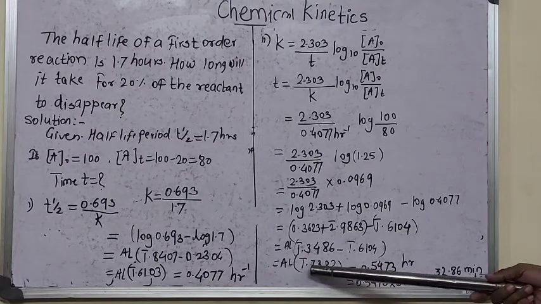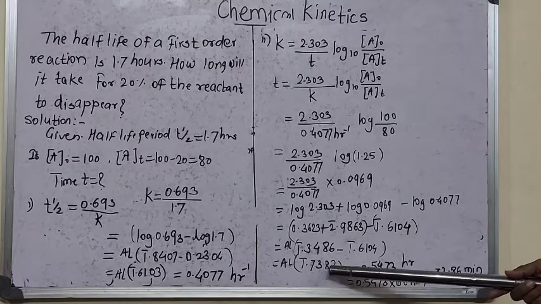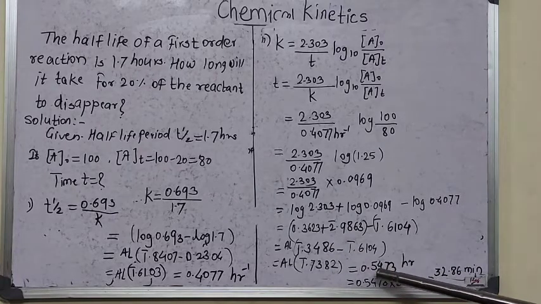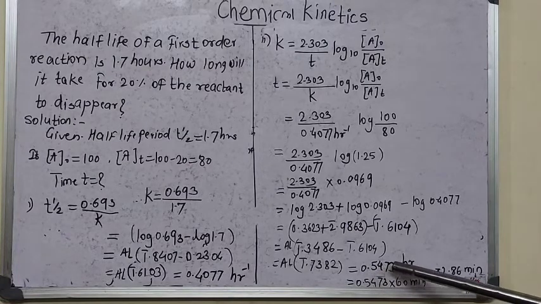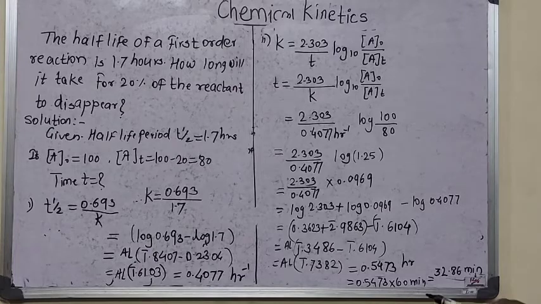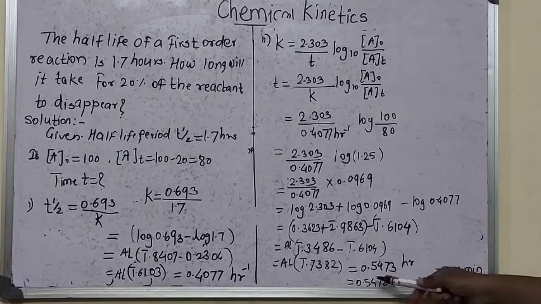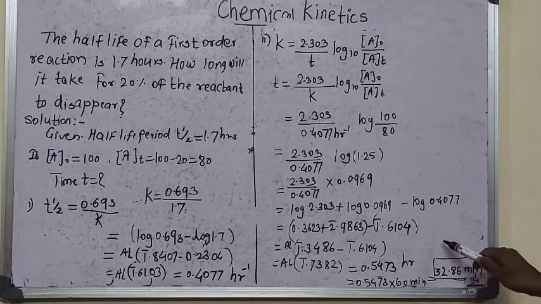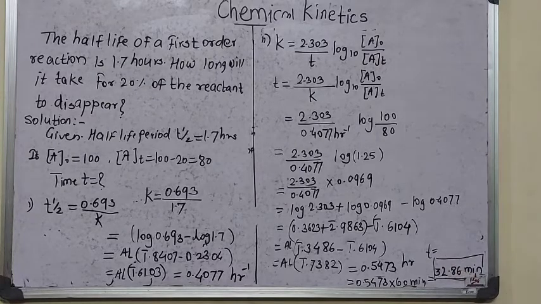Antilog of 0.7382, and adjusting the characteristic, we are getting the value 0.5473 hours. Here we are going to convert hours into minutes. So 0.5473 into 60 minutes, we are getting 32.86 minutes. That is the value of t of the first order reaction for 20% of the reactant to be distilled.